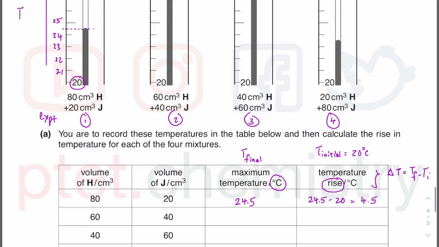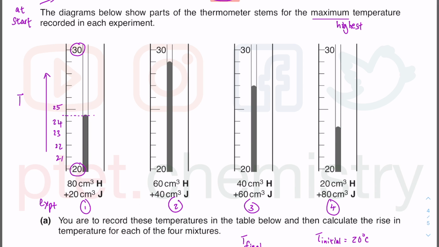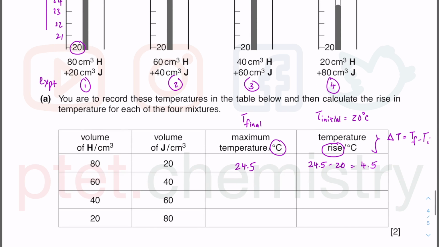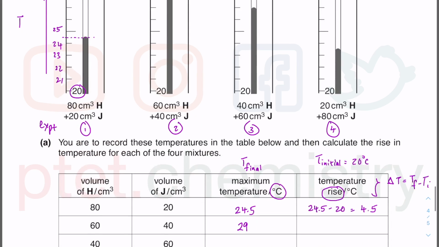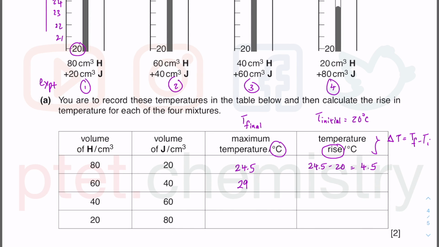For the second one, if you read the thermometer correctly, you will see that that is 29 degrees Celsius because there's 20, 21, 22, 23, 24, 25, 26, 27, 28, 29. To be consistent, I should really do 29.0, but the fact that they did not write 20.0 there, I think I will be forgiven. I would not be penalized if I write 29 there.